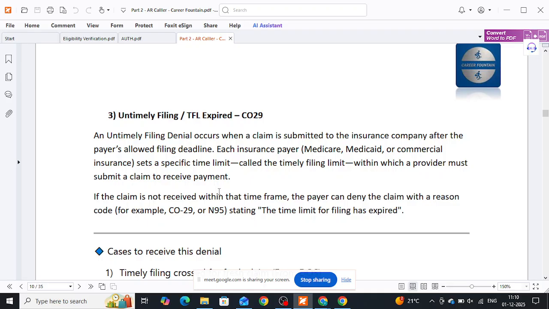And whenever we want to send an appeal, there is also a time frame. The limit for sending a corrected claim is calculated from the date of denial, and the limit for sending an appeal is also calculated from the date of denial or process date. A fresh claim is calculated from the date of service.